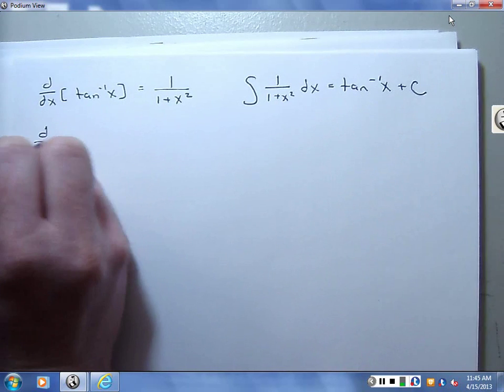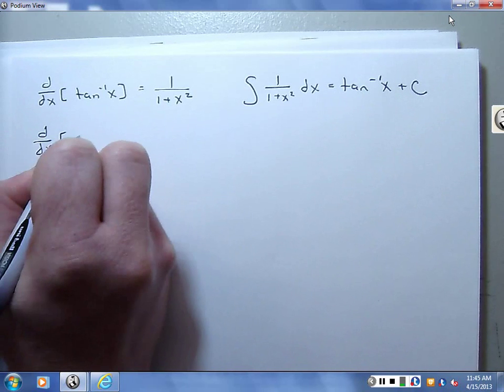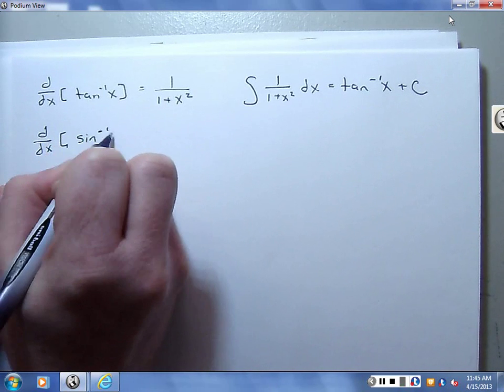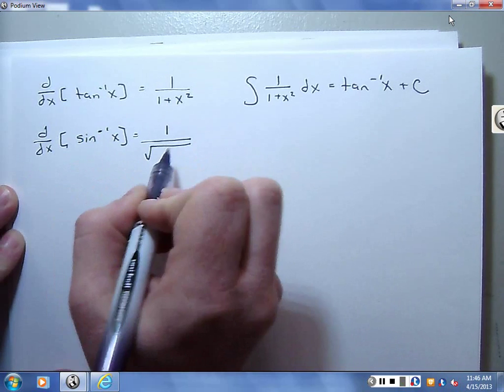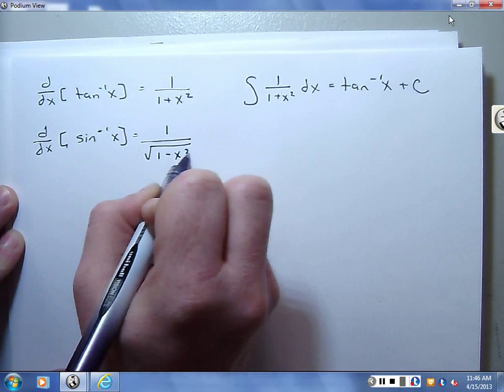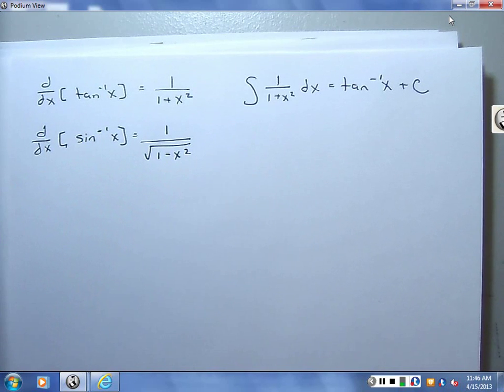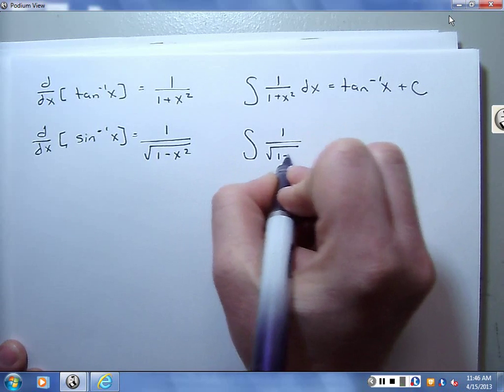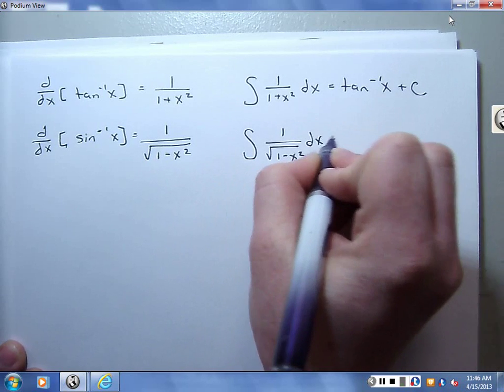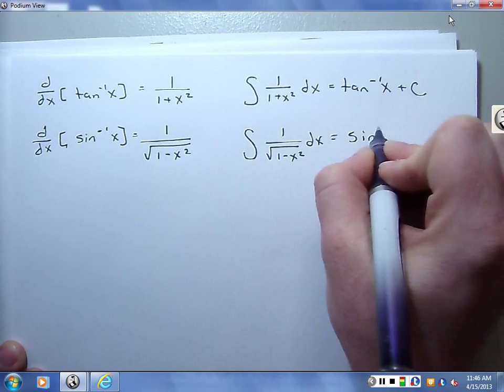If I take the derivative of sine inverse, does anyone remember what this is? 1 over the square root of 1 minus u squared. Very good. So if you're integrating something like this, that's sine inverse.